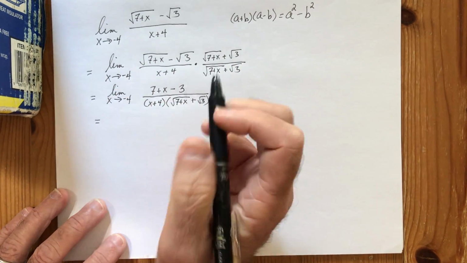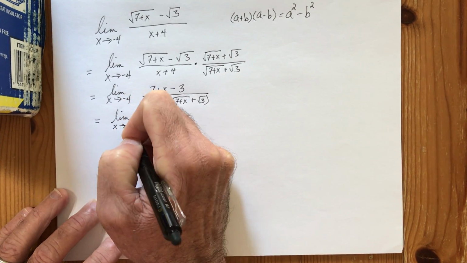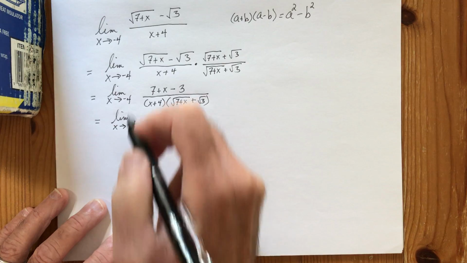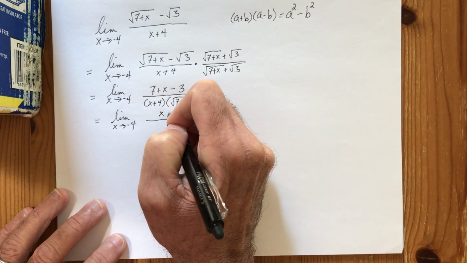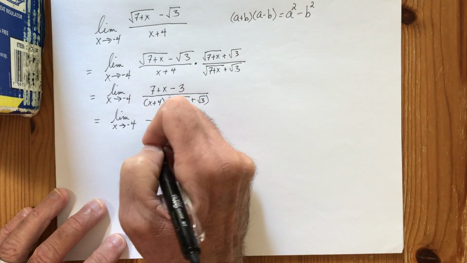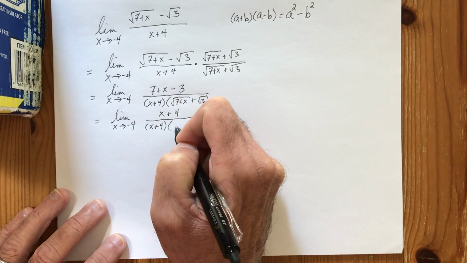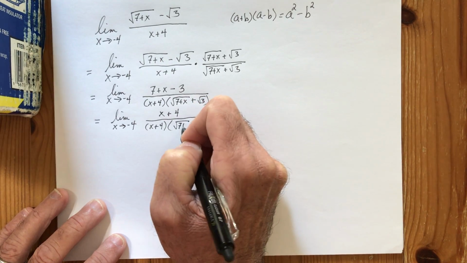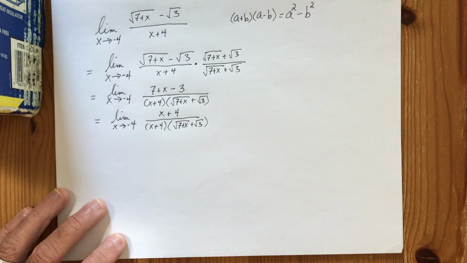Okay, now we're going to do some simplification in the numerator. So we have the limit as x approaches -4. And in the numerator, we end up with x plus 4. And we write everything else down the way it was.